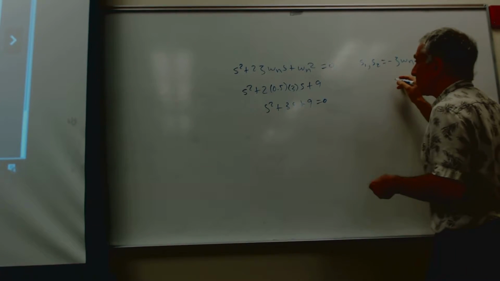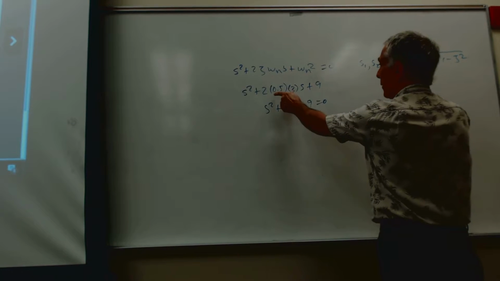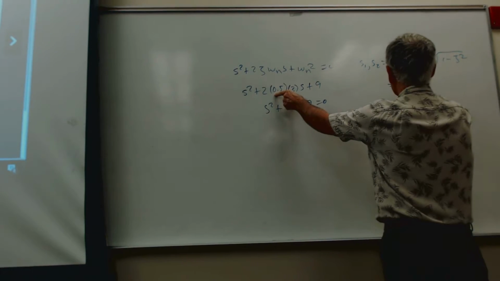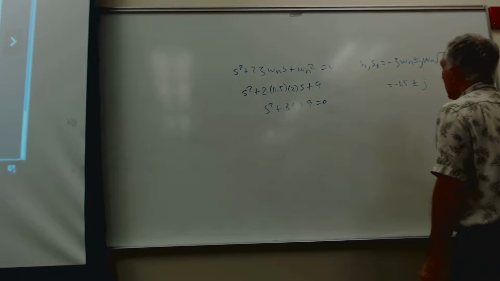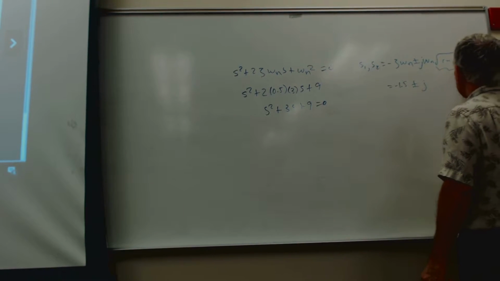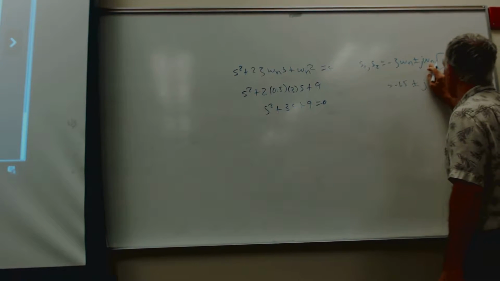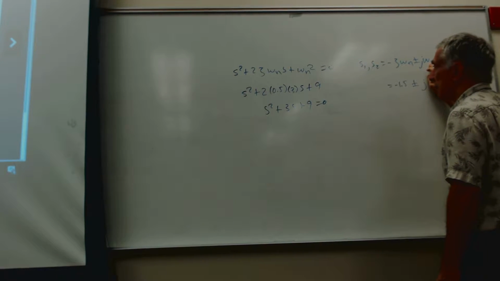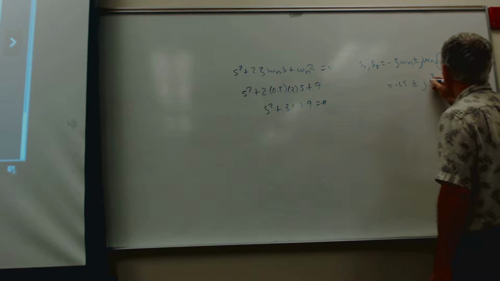And so you're plugging in these values, you get minus zeta omega n, so that's just going to be minus 1.5 plus and minus j. And this is going to be equal to 1 over square root of 2, so omega n is 3, so it's 3 over square root of 2.